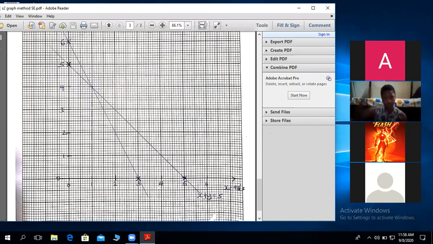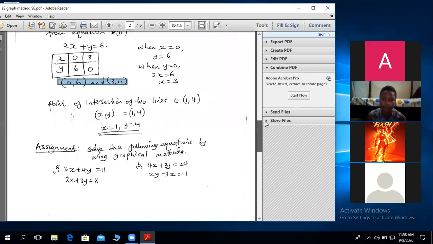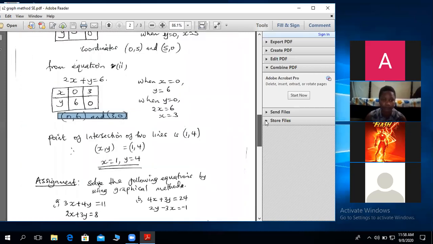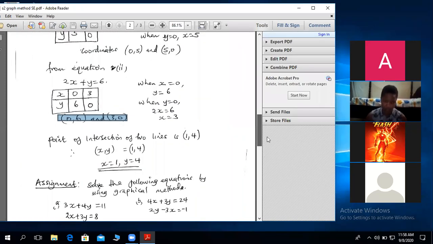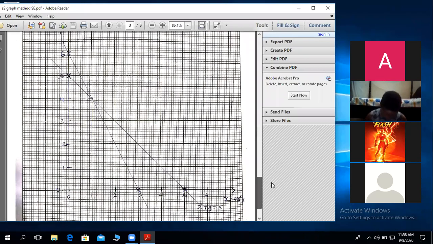So I'm using a ruler to form a straight line, and I label my graph also as 2x plus y equal to 6. Though I forgot to label it here, but it is 2x plus y equal to 6. Now I get where those two lines are meeting, their point of intersection.